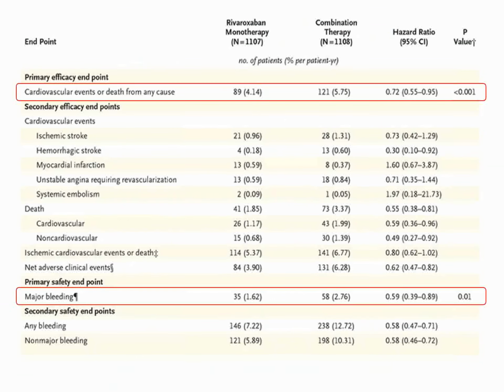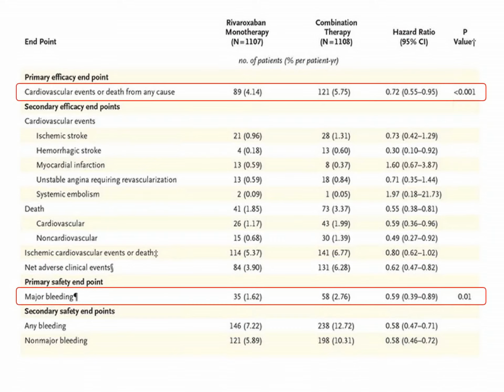Both strategies seem acceptable. Probably most physicians would continue to give aspirin and the P2Y12 inhibitor therapy, antiplatelet therapy. Now, the primary endpoint is cardiovascular event or death from any cause, and the primary event occurred less commonly in the patients that got rivaroxaban alone as compared to the combination therapy group.